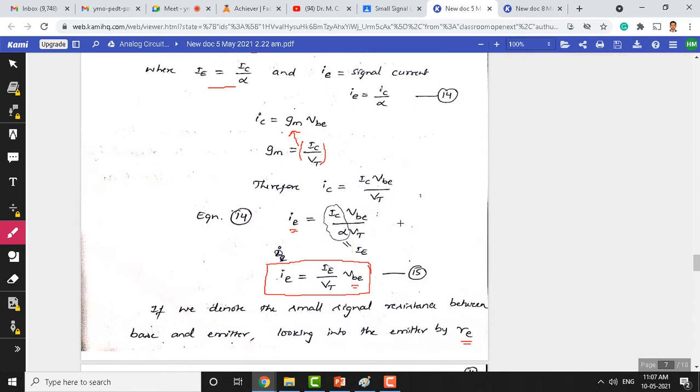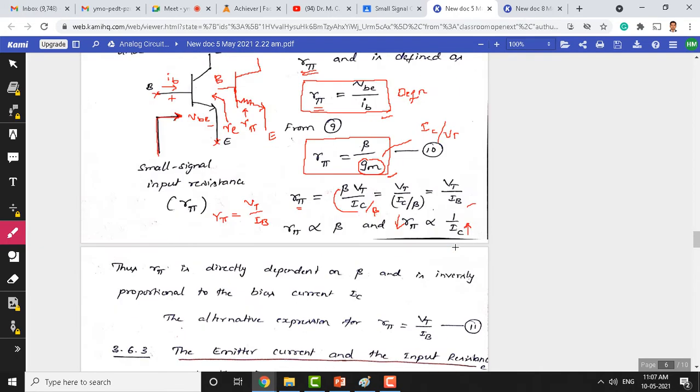This is not true for MOSFET, because MOSFET Gm, though it is large, is very small compared to BJT. MOSFET Gm value is very less, so the internal resistance is also quite large in the case of MOSFET.